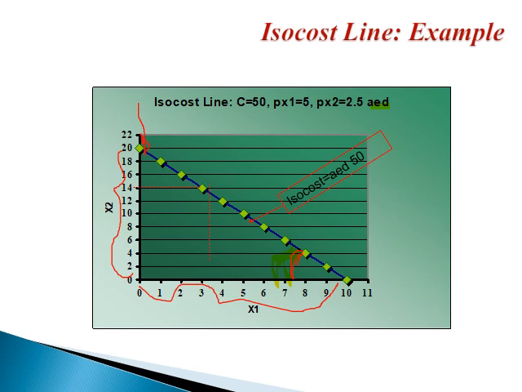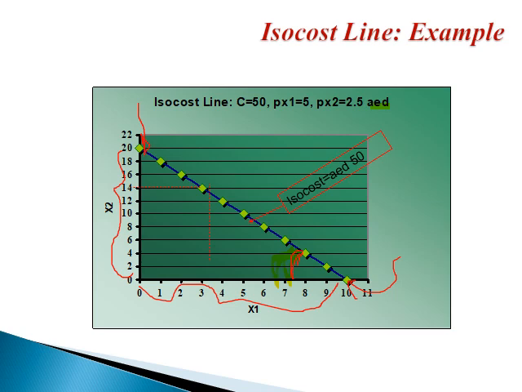This point right here is C bar divided by Px2. What is this point right here? It is C bar divided by Px1. So when you divide C bar divided by Px2 by C bar divided by Px1, you will see that the slope of the isocost line is P of x1 divided by P of x2.